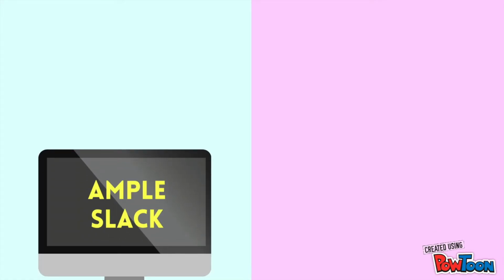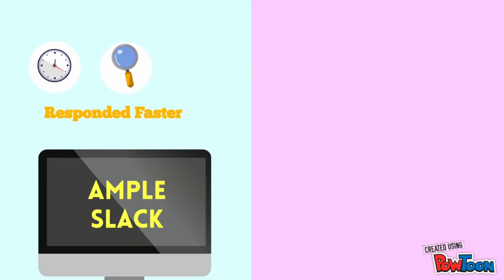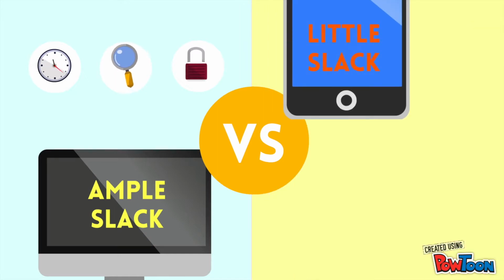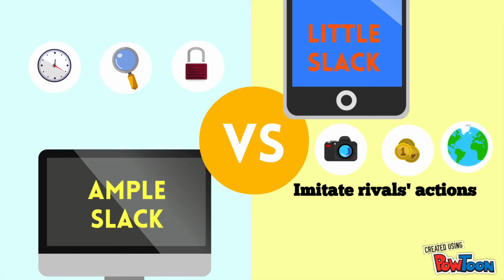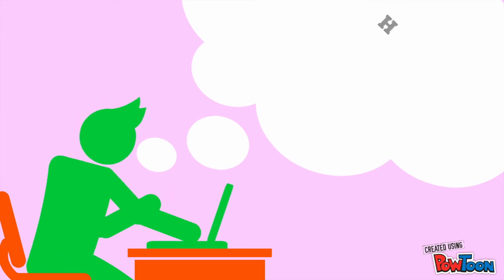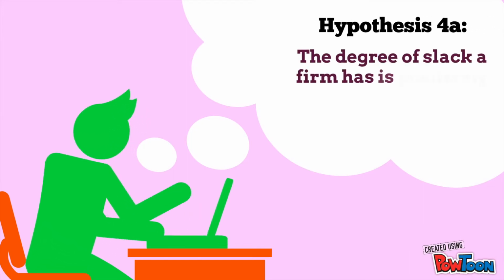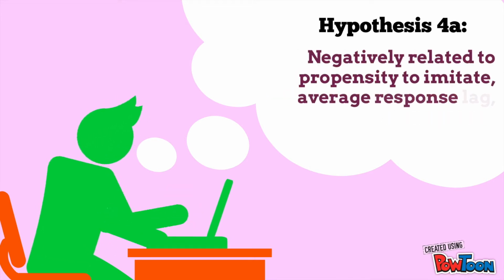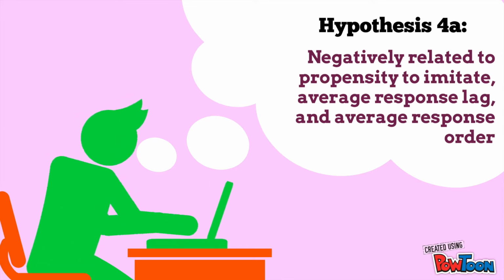This paper pointed out that firms with ample slack resources responded faster and more effectively to environmental crisis and were more able to implement responses. While a firm with little slack will be more likely, on average, to imitate rivals' actions than firms with great slack. The authors hypothesize that the degree of slack positively affects the likelihood of response and is negatively related to propensity to imitate, average response lag and order.